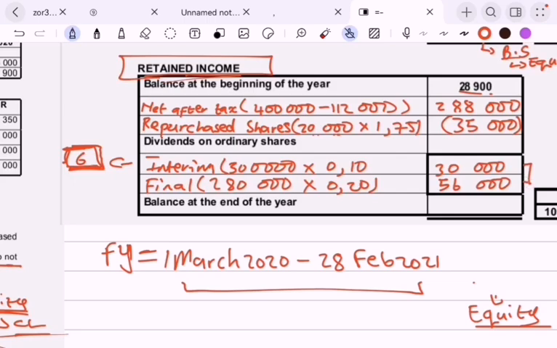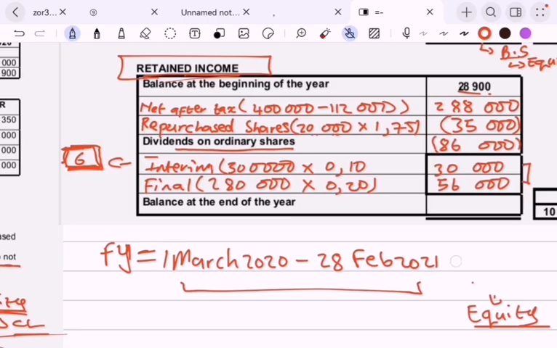Then you add these two all together, then you will get your 86,000 there. This 86,000 is the dividends on ordinary shares, right? But don't forget, we are paying our shareholders there, meaning the money is leaving the business.